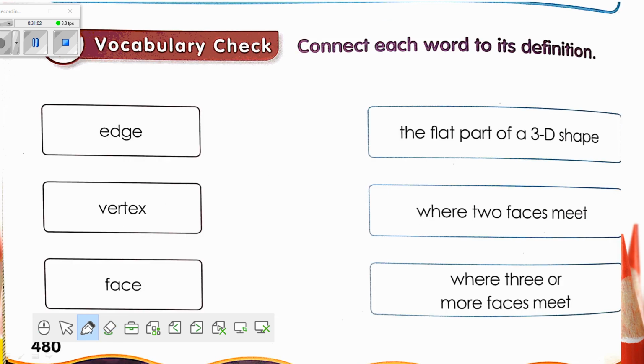Here, I want you to match the vocab with the definition. The flat part of a 3D shape, a flat surface: what is it?